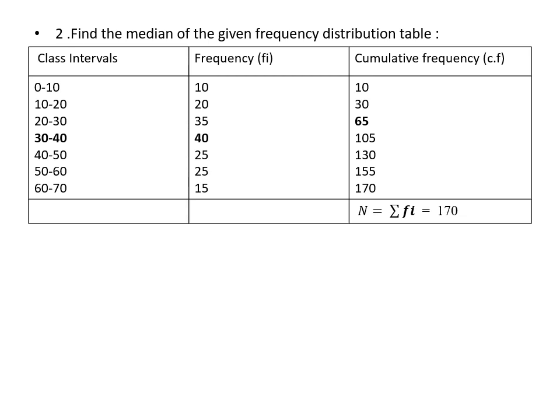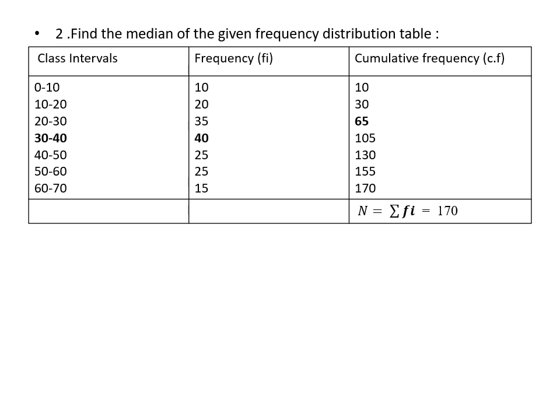So see here, I have written the cumulative frequency column. First frequency is 10, so we write 10. Then in the second, 10 plus 20 gives you 30. In the third, 30 plus the frequency of the third class, 35, that is 65.